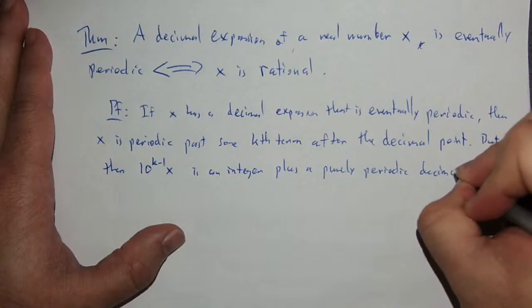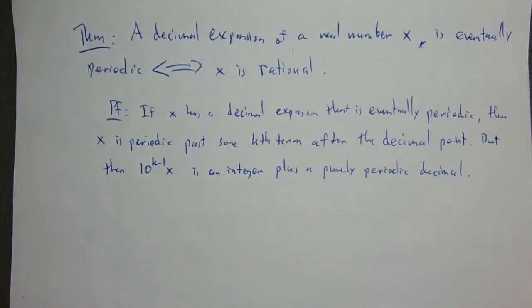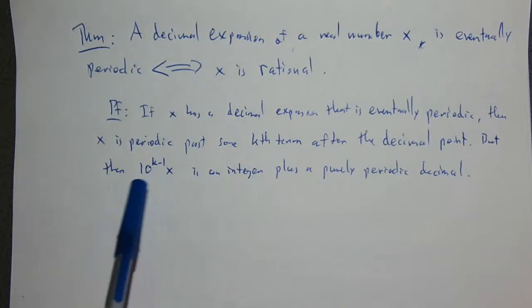So here is the characterization of eventually periodic that I said was more precise. If it's eventually periodic, the nice intuitive explanation is it repeats eventually, some point after the decimal place is where the repetition starts, not immediately after. Well, then, abusing the fact that it's base 10, you multiply by copies of 10.